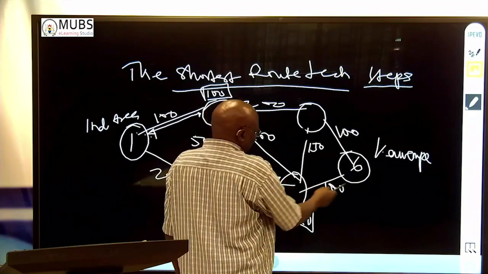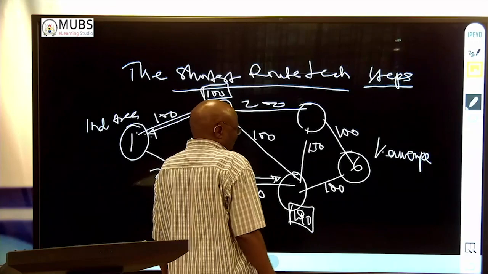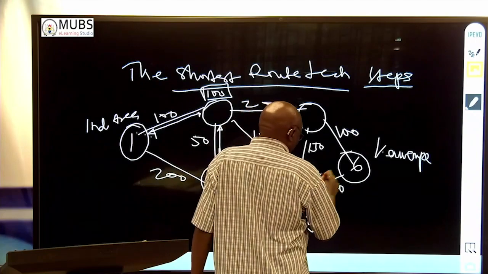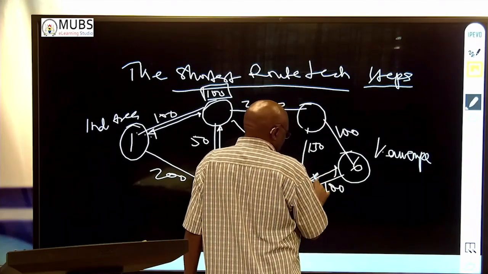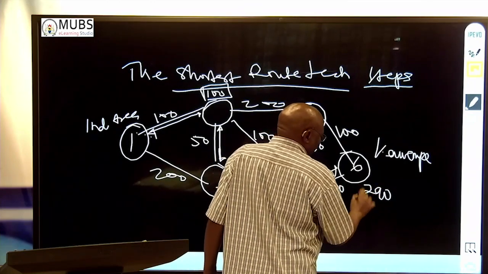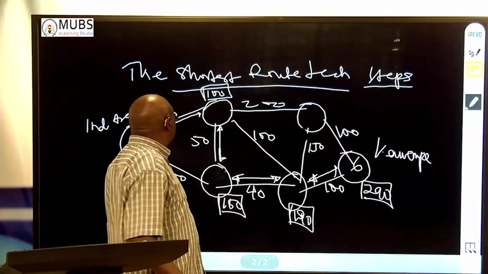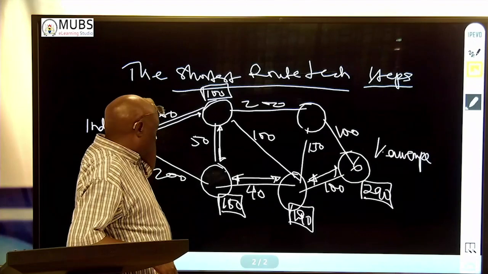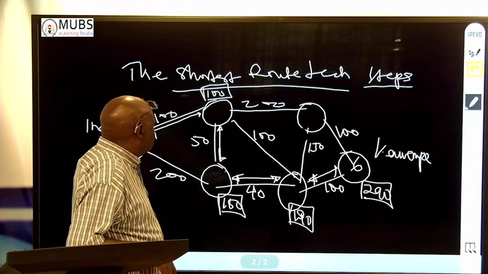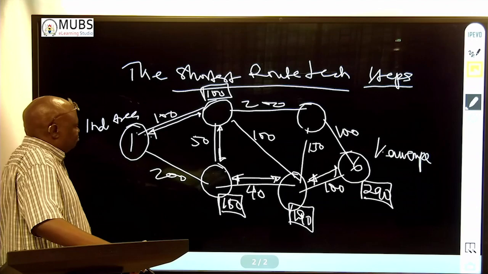If it is 150 and this is 100, the shortest route, of course, would be to take 100, because taking the 150 again would not be rational. So we take this route and we add on 100, so this will become 290. And that is the shortest route in this direction.